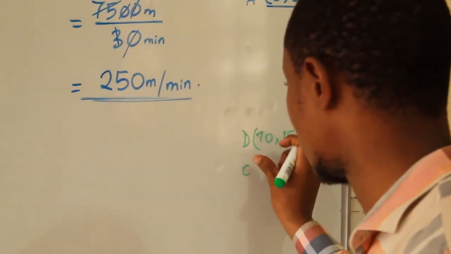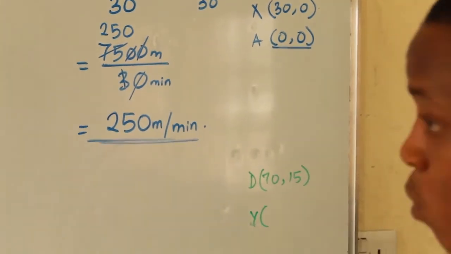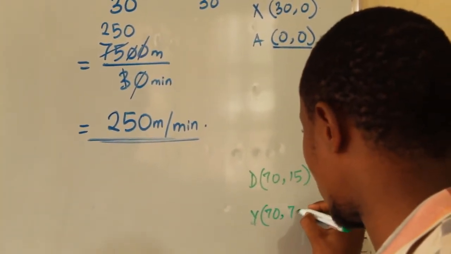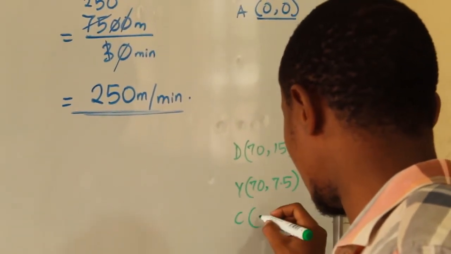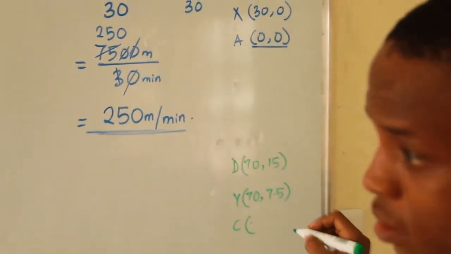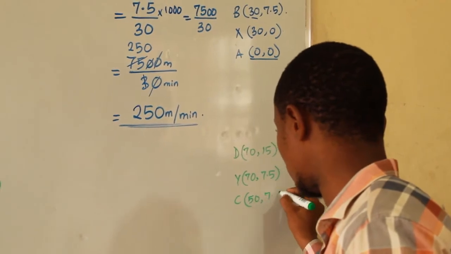For Y is 70, 7.5. And finally, for C, we have 50, 7.5.